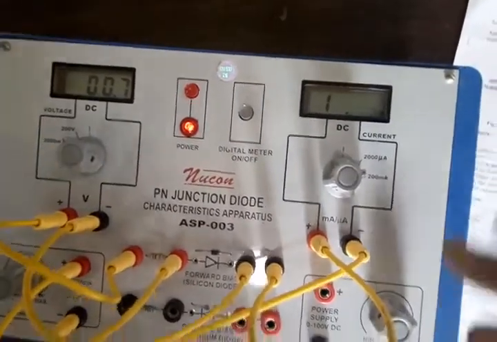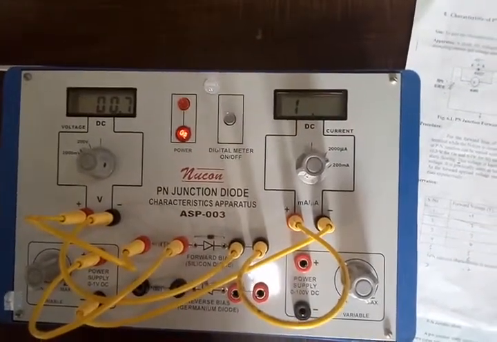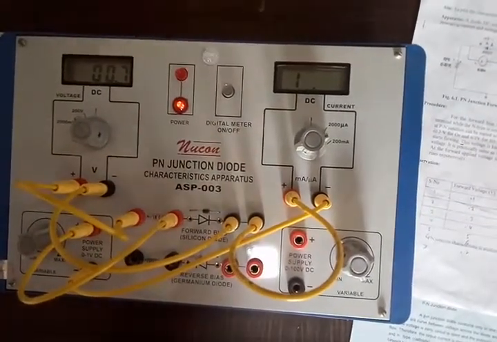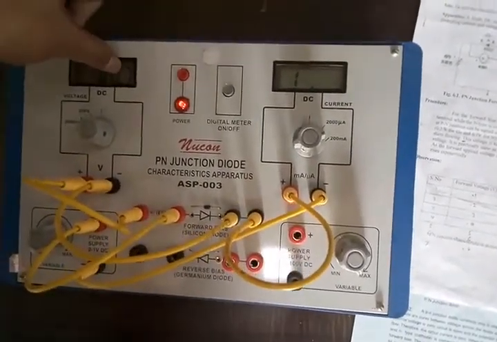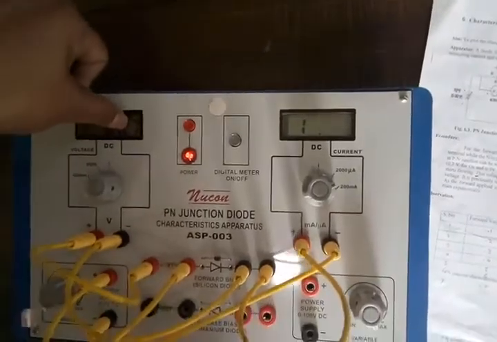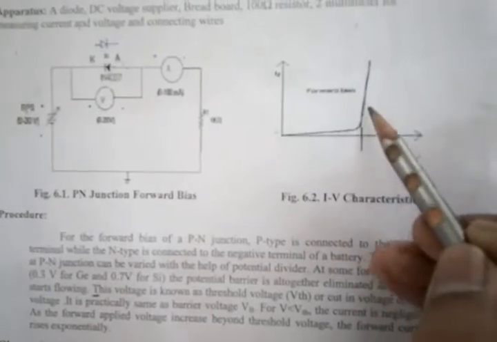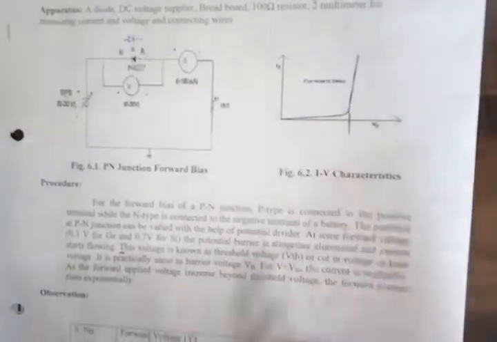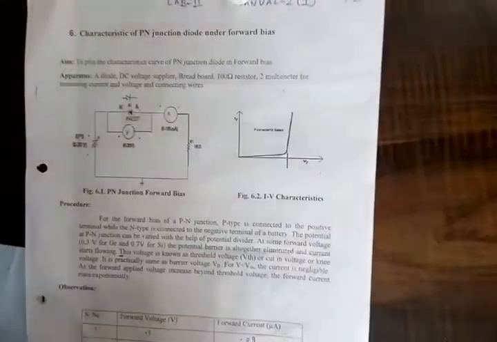It means when our digital meter shows you 1, this is the linear part and the value will remain constant, because for silicon we have the maximum value up to 0.7, so at 0.7 this will completely show you 1. If you go through this picture of IV characteristics, this value is completely constant and can be considered as 1. However much voltage I increase, there will be no further increment, because of the property of silicon.